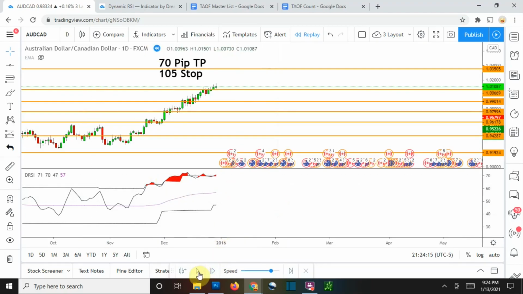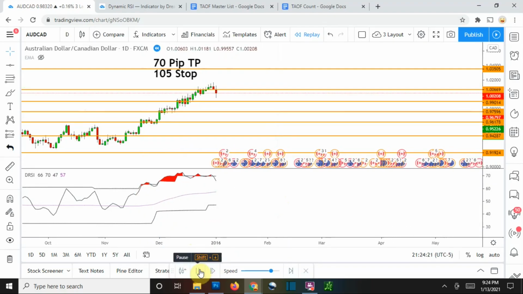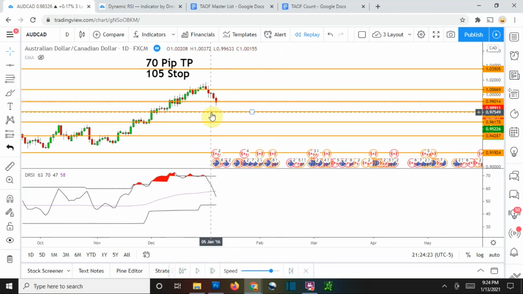We will keep an eye out for the support and resistance areas, watch price action, see what's going on there. Let's check this here. Looks like, don't know if that was quite a break. 66, let's see, 70.